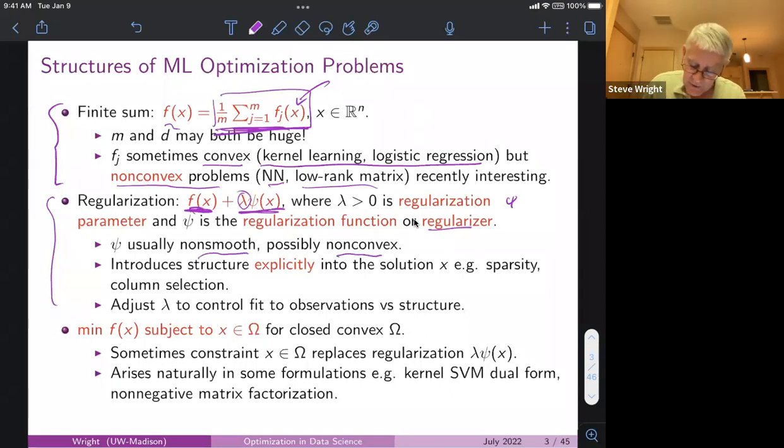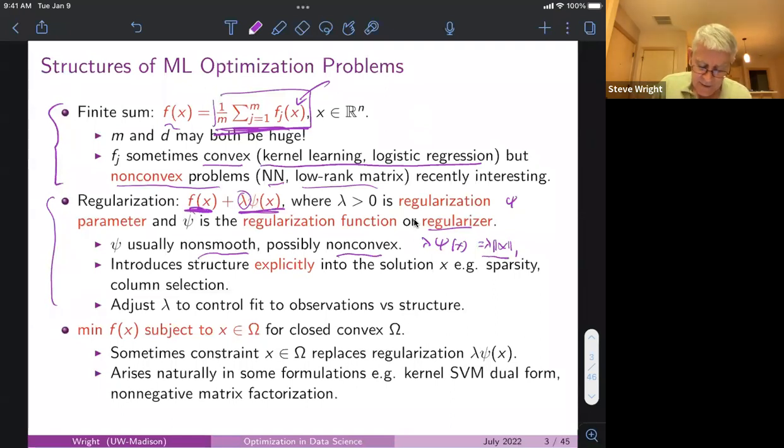So the classic version of psi is just the L1 norm, which is non-smooth and convex actually. And adding on some multiple of the L1 norm to your objective tends to give you a solution where x has a lot of zeros in it. So x has n components, but most of them will be zeros if you add on a term like this. And the bigger you make lambda, the more zeros there'll be.